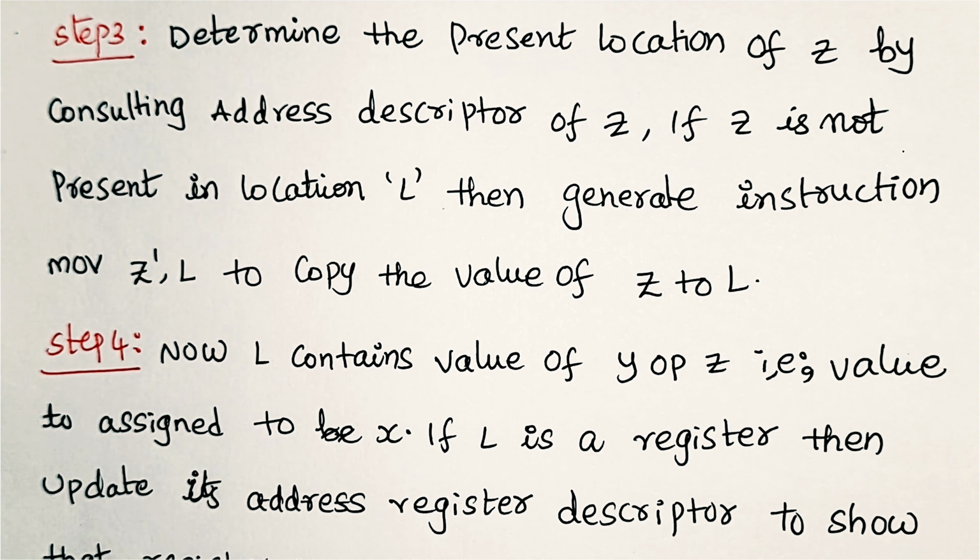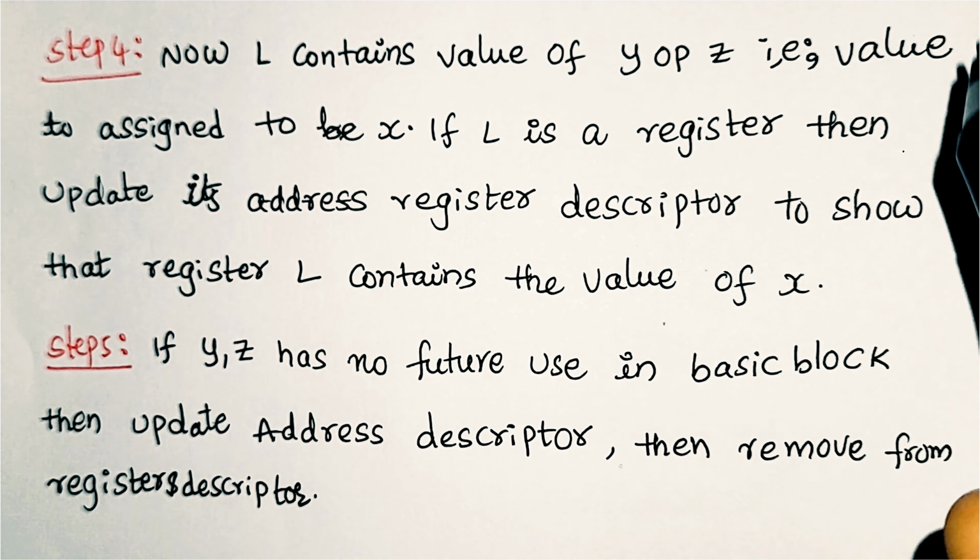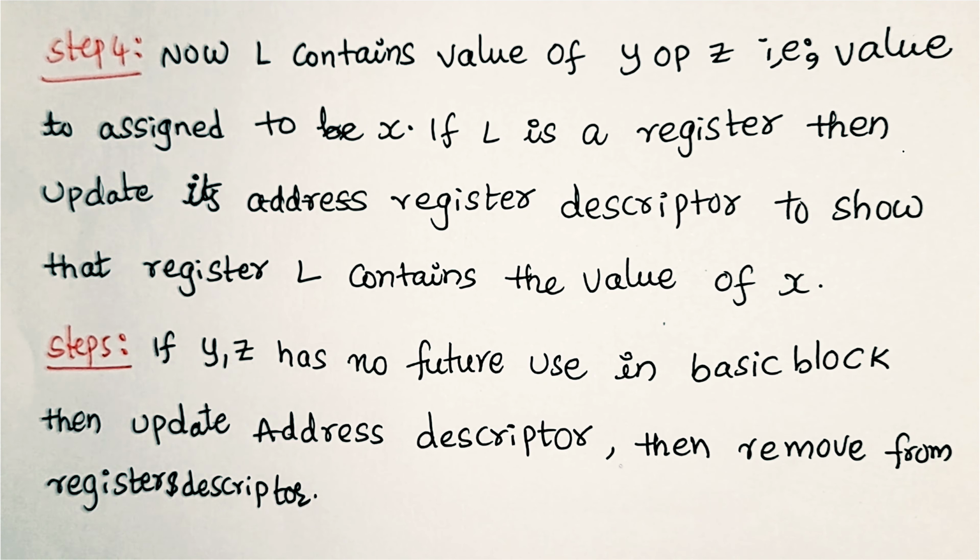If L is a register, then update its register descriptor to show that register L contains the value of x. So when x is equal to y op z, we need to update the register descriptor, and only then will the location be assigned to x.